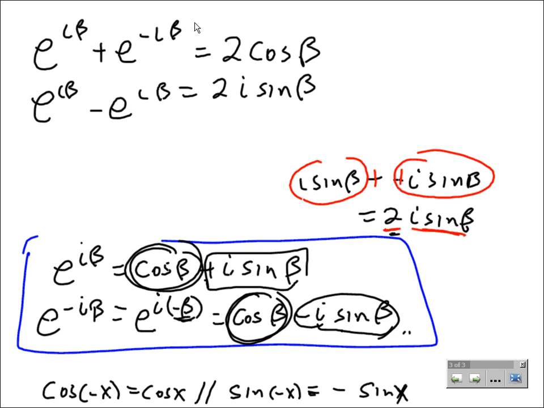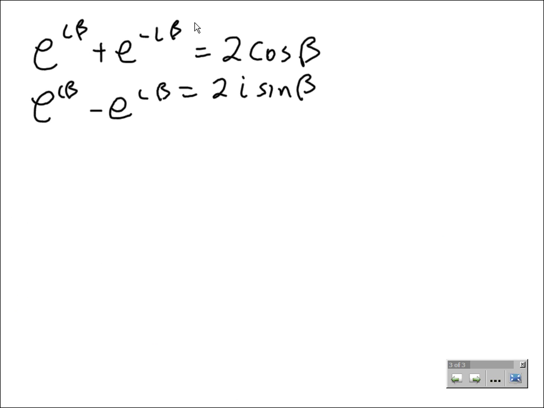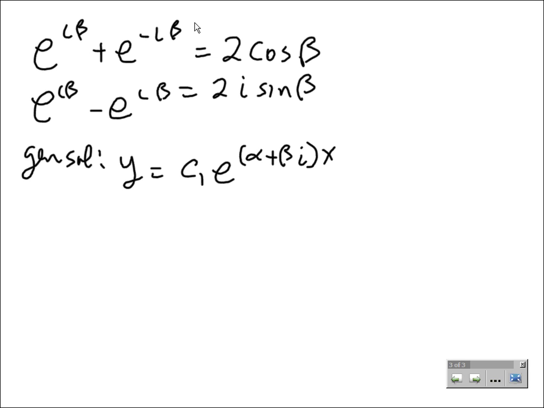Now, let me erase this, please. At some point, we said that for case 3, a general solution was y is c1 e to the a plus bi x plus c2 times e to the a minus bi x. And this is for any values of c1 and c2.